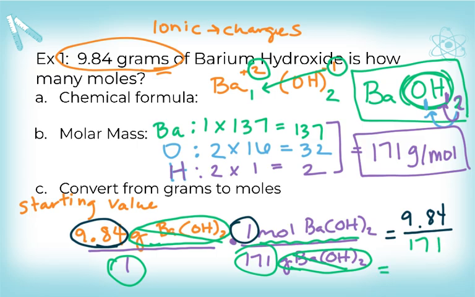And I'm going to divide the top number by the bottom number. 9.84 divided by 171, and I get 0.0575 as my answer, and I'm going to say moles of barium hydroxide. So that's my answer. I'm not sure what rounding rules will be with that, but that's going to be fine for now. We need to make sure also to include a unit, so moles on our answer.